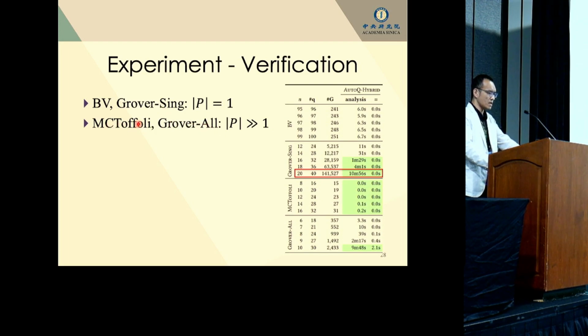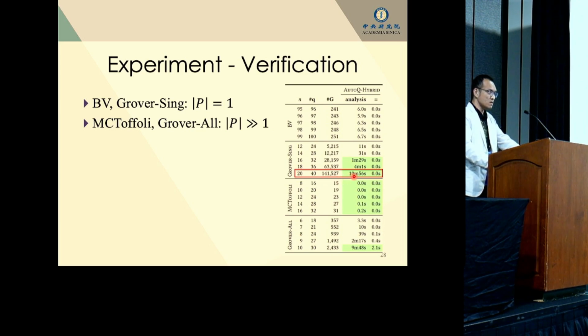And this is multi-control Toffoli. The most interesting thing to see is that it's actually quite scalable. You can see this red bar here. The largest circuit we managed to verify is a 40-qubit circuit with more than 100,000 gates in roughly 10 minutes.